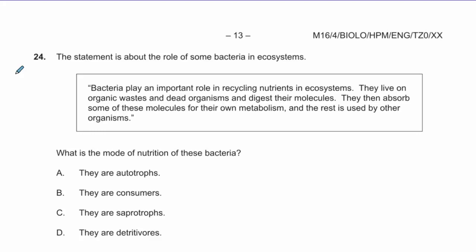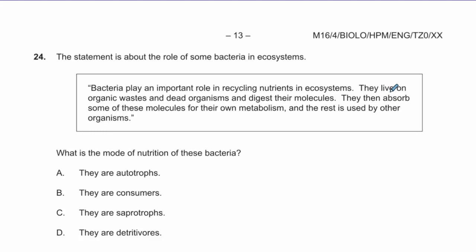24. Statement about the role of some bacteria in ecosystems. What is the mode of nutrition in these bacteria? Okay, so these bacteria live on organic wastes, so dead material, and digest their molecules. So they don't use pure inorganic chemicals. They don't use sunlight and photosynthesis.